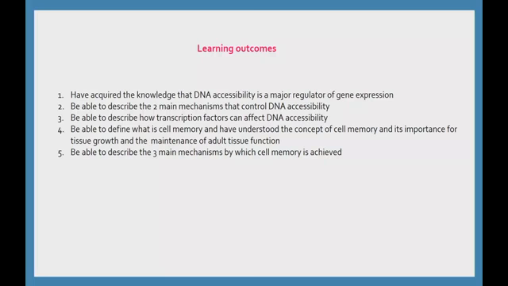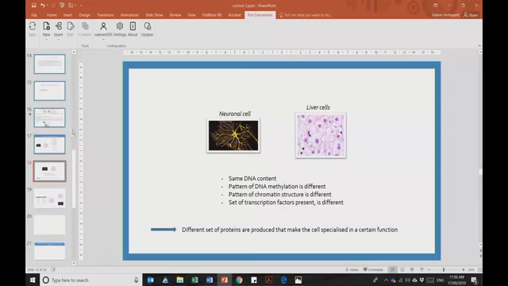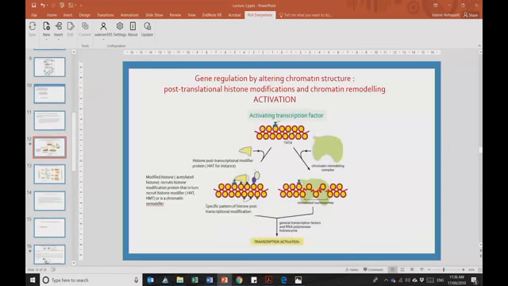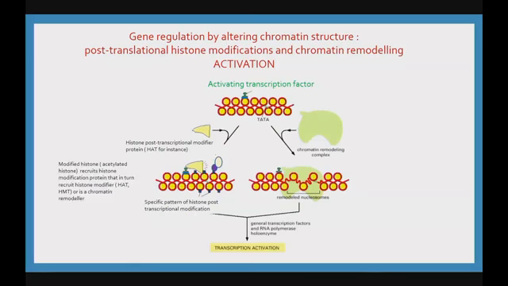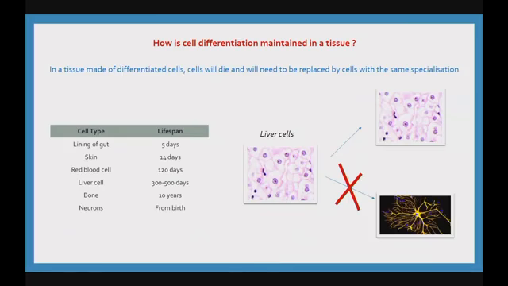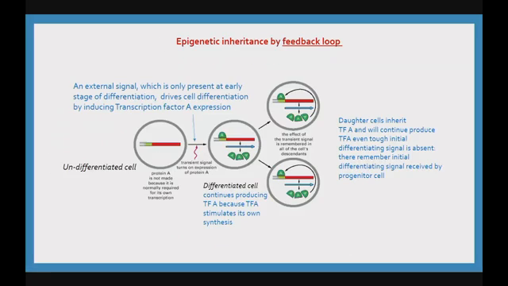And now the last one: what are the three main mechanisms by which cell memory is achieved? We can go through it. That was the last slide we saw. You can have this epigenetic inheritance because you transfer some transcription factors that exert a positive feedback loop.